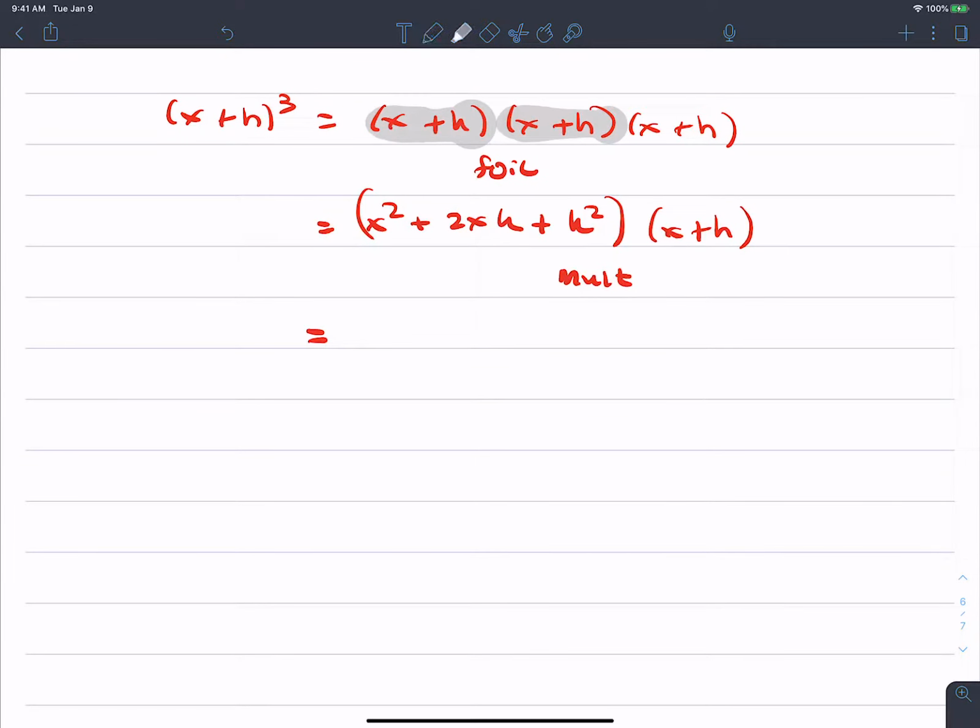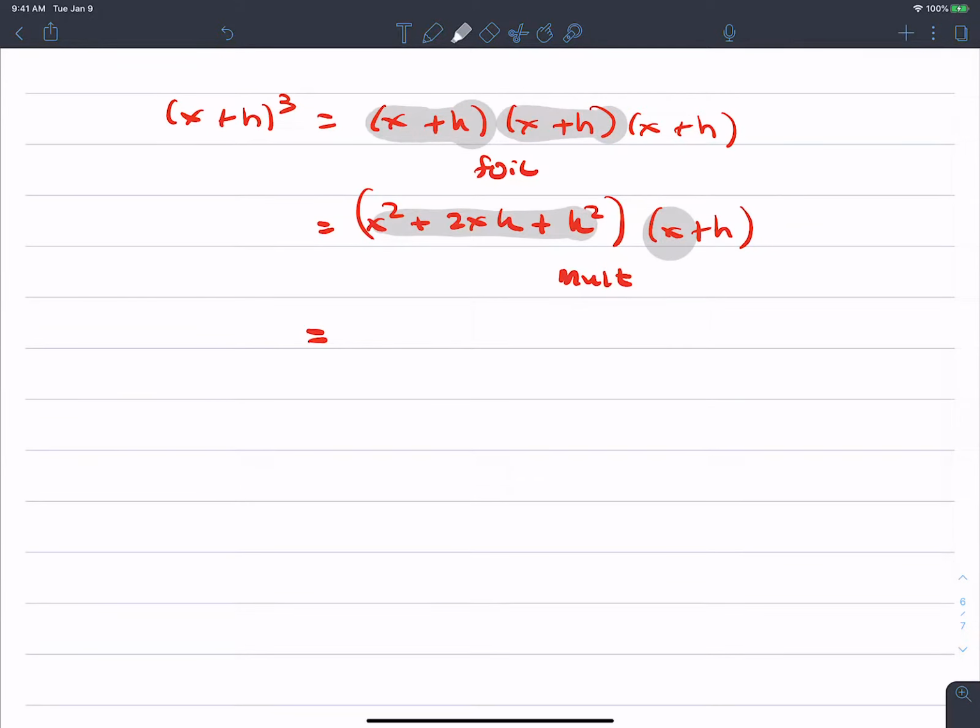So what I'm going to recommend is when you multiply, you're going to take this x, you're going to multiply it with all three terms. Okay, and then later, you're going to take the h, you're going to multiply it with all three terms. We're expanding. So going back to the gray, x times x squared, you're going to get x cubed. You're going to distribute, right?